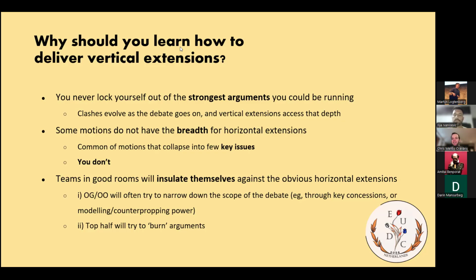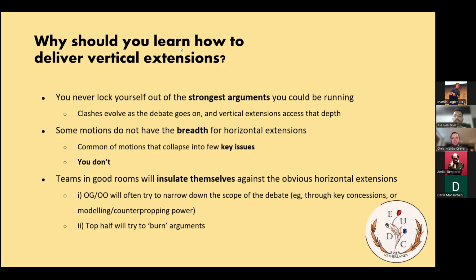And often it's the case that when you look at a motion, the things that appear to be most important initially will continue being important during the round. And of course, you can try to do some of the usual mental gymnastics to weigh off a horizontal extension that can be a bit wild, or to show why nuclear war happens, as teams may do in some of the lower rooms in some very common motions.